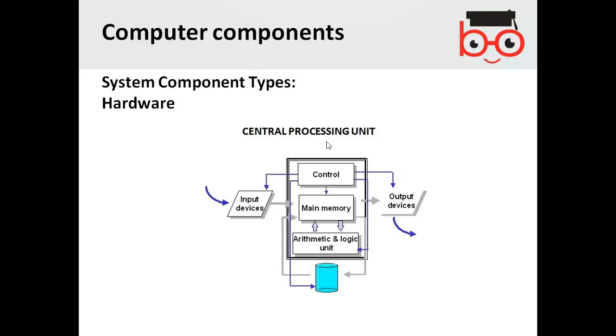Within the casing, you normally find a motherboard, a power supply, some hard drives, floppy drives, and CD-ROMs, and the actual brain of the computer is called the CPU, the Central Processing Unit, a processor, a microprocessor, that resides in the casing, located on the motherboard.